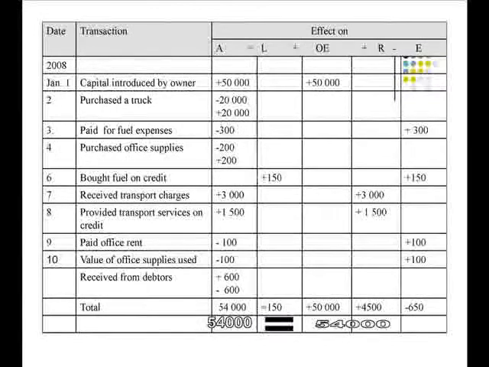How much is the profit? You know the profit equation. Yes? And also remember, this is an accounting class, and you have to have a calculator.